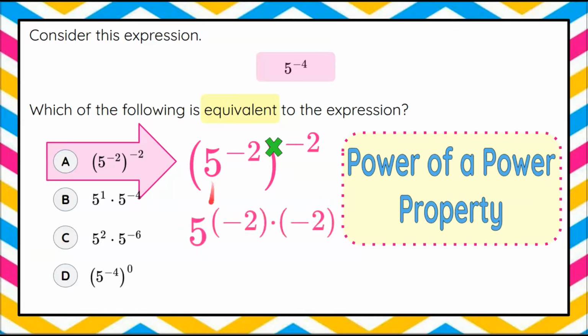We keep our base of 5, and we multiply our exponents. Negative 2 multiplied by negative 2 is positive 4, keeping our base, so 5 with an exponent of 4. That is not equivalent because this has a negative 4 exponent, and this is a positive 4. So we can eliminate answer choice A.